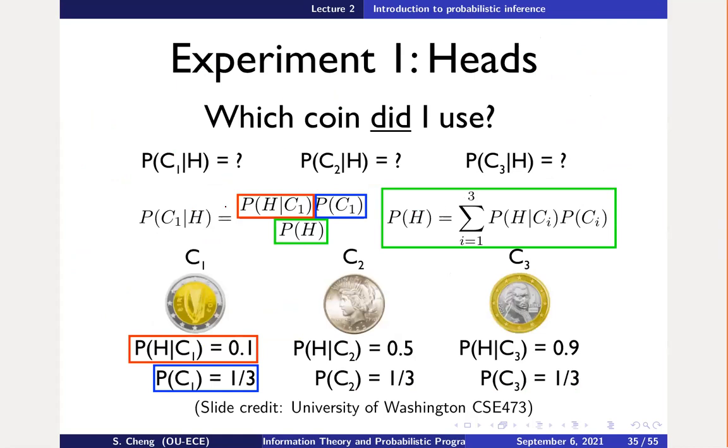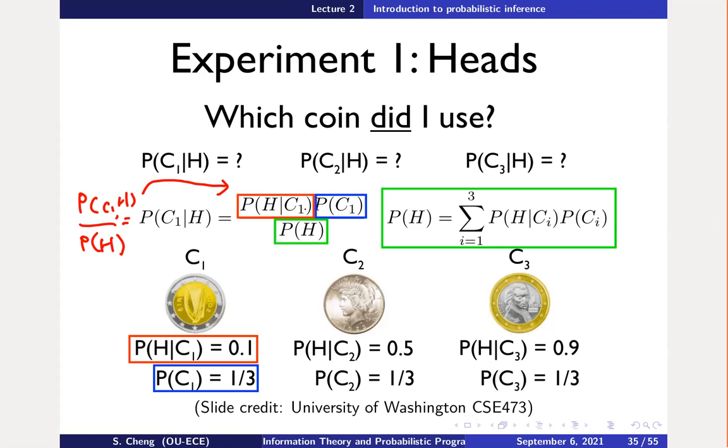So the probability of getting C1 will be simply, let's apply Bayes rule here. It is just P(C1, H) over P(H), right? And then I use Bayes rule again, and P(C1, H) can be decomposed into P(H given C1) times P(C1), over P(H).